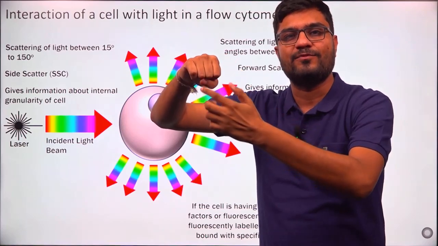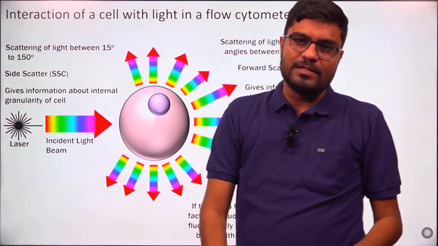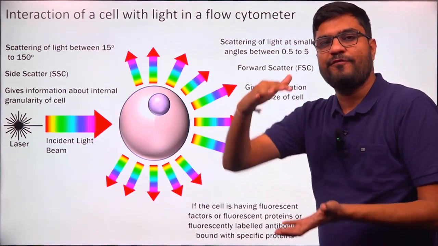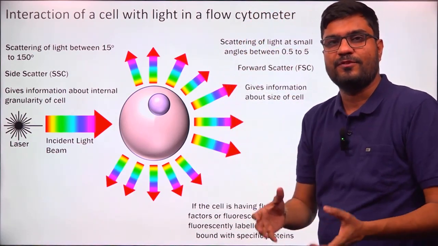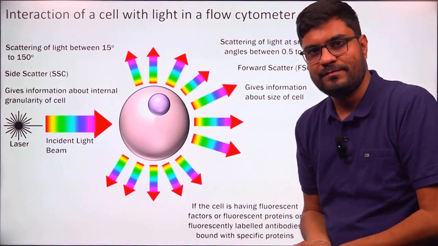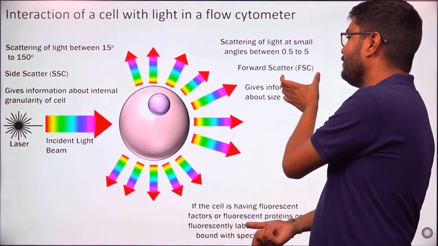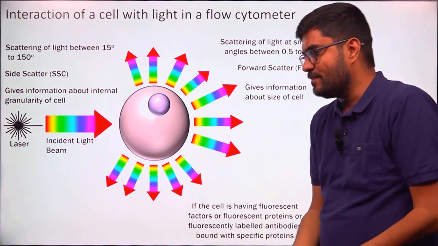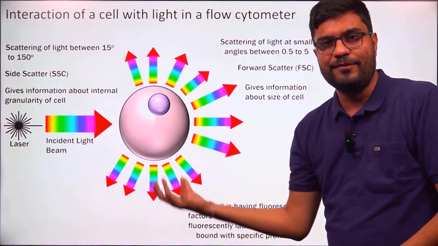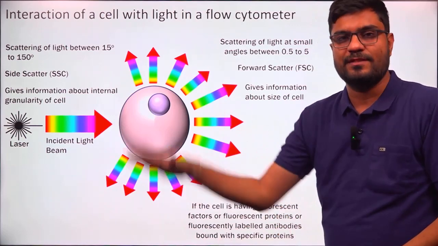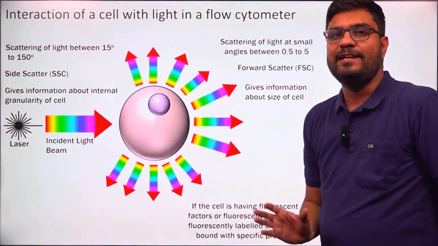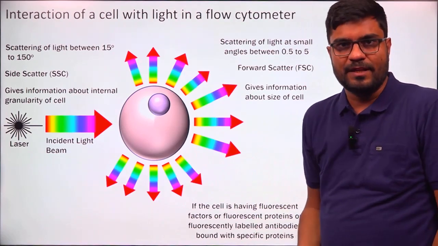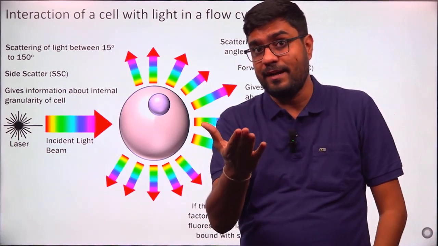We are calling it forward scatter. And the forward scatter is giving us information about the size of the cell. So if we have a bigger cell, then of course the scattering will be higher. The value of forward scatter or FSC will be higher. So if the instrument is telling us that for a particular event the FSC value is this, that is the indicator of cell size. The higher the cell size, the higher the value of FSC.